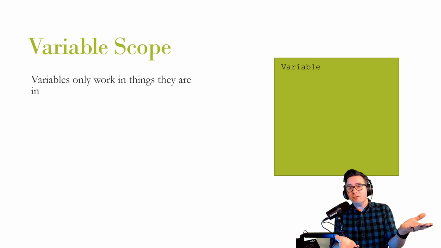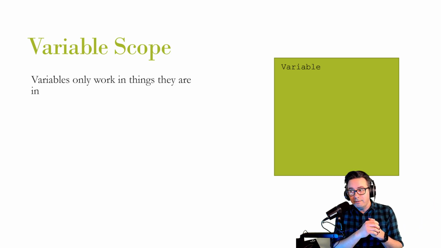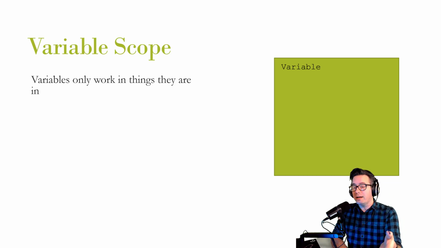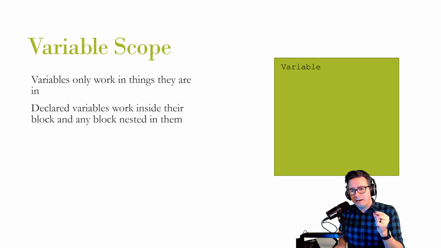For instance, last week we started talking about if statements, so we have an if statement block. If you create a variable in that block, that's the only place you can use it. If you want to use it outside of that block, you have to create it outside of that block. But variables work inside of nested blocks: the block that they're in and anything inside of them.